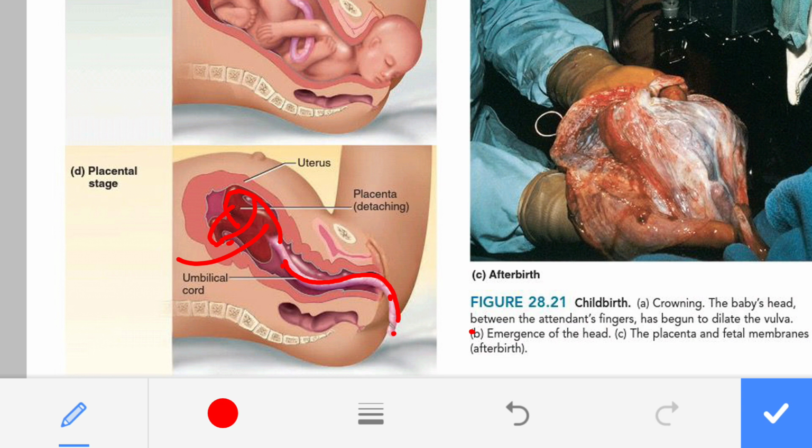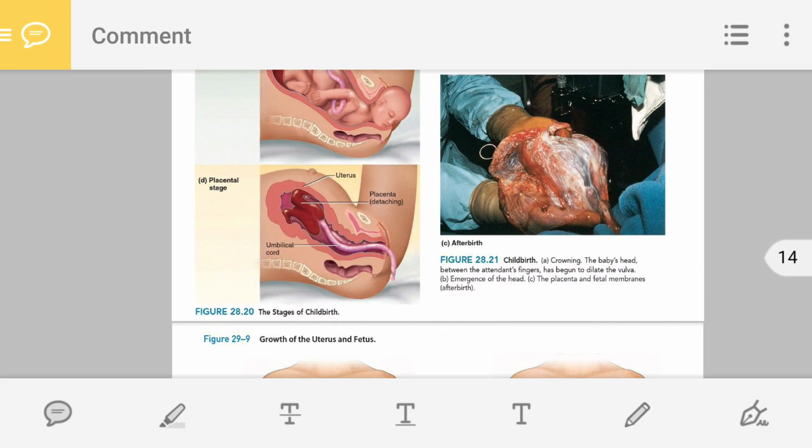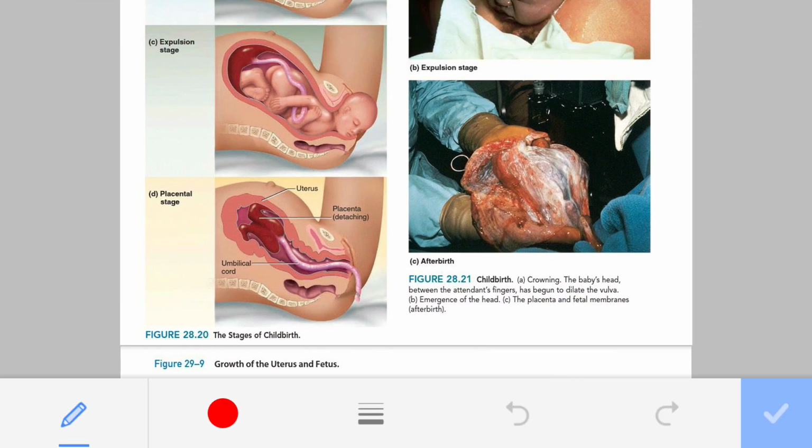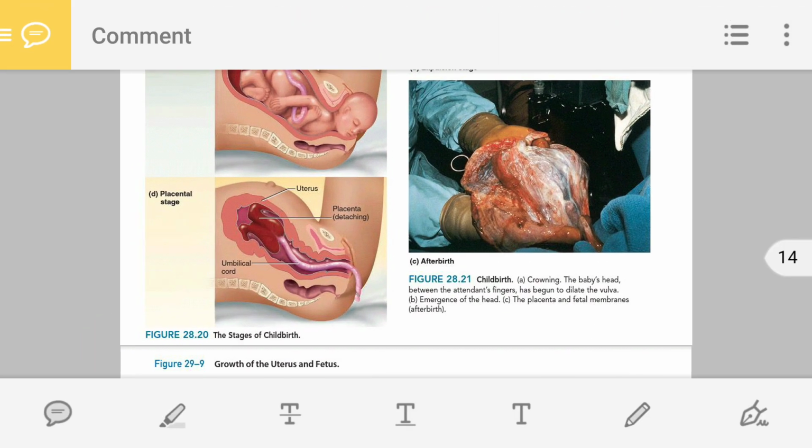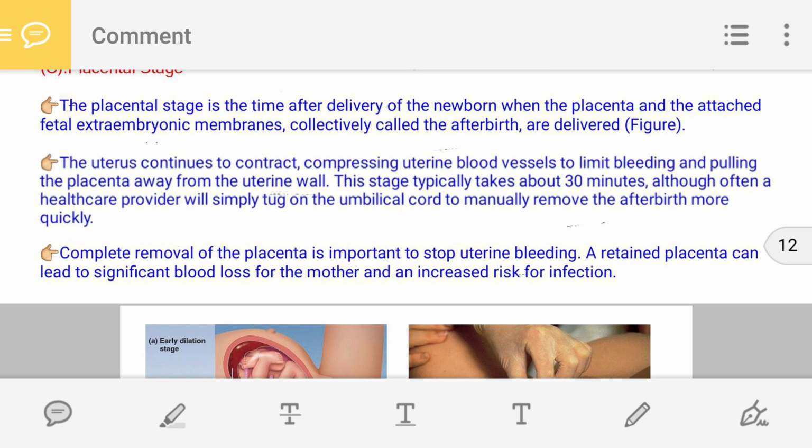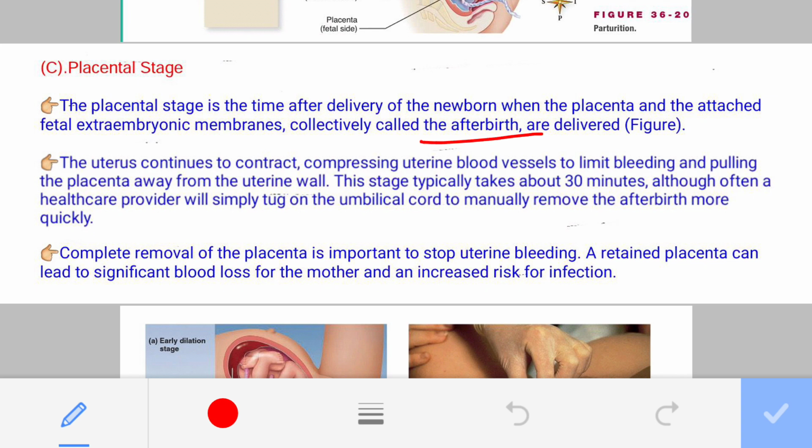So once again, umbilical cord, fetal placenta, maternal placenta, and extra embryonic membrane. They come out along with the baby. So that is called after birth. Here you can see this is the placenta or the after birth, and between this there is the umbilical cord, and then there is the baby's body. Okay, so this is the meaning of the term after birth.